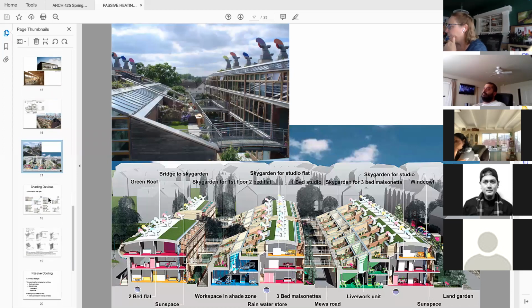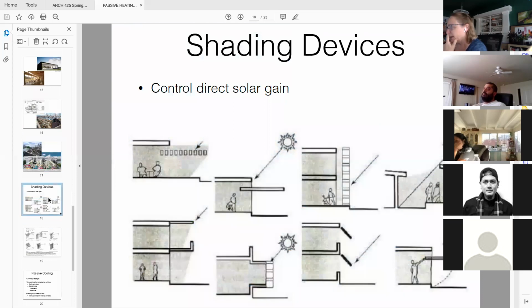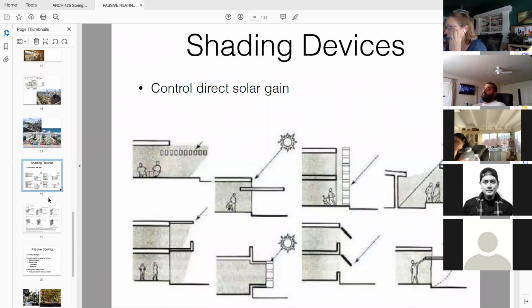Okay, so passive solar. The key important, besides the glazing and the thermal mass, is that control. You need to control your sun, and you don't have to do it with a straight up overhang. There are multiple different configurations that will work. We can do louvers, we can do a light shelf overhang.